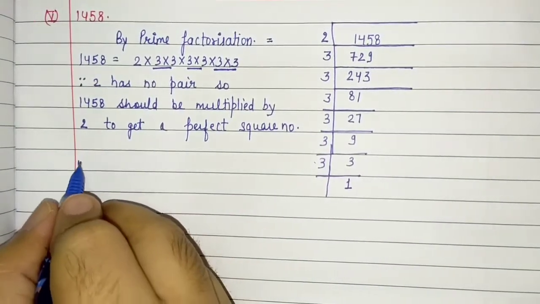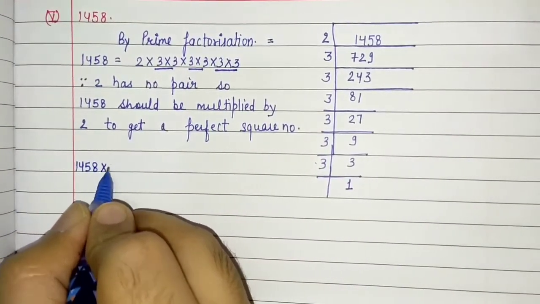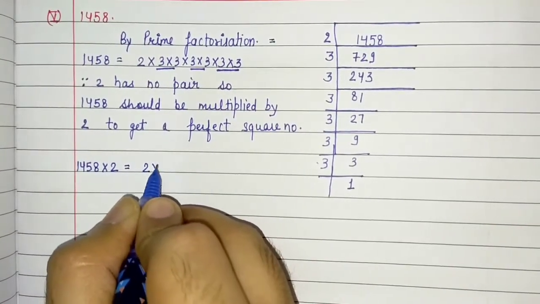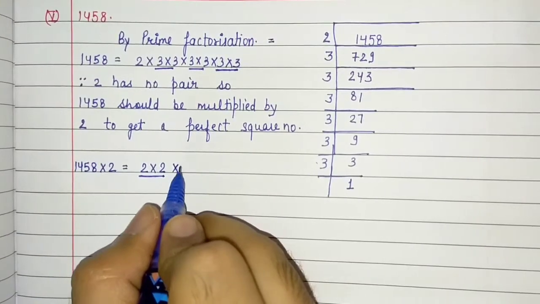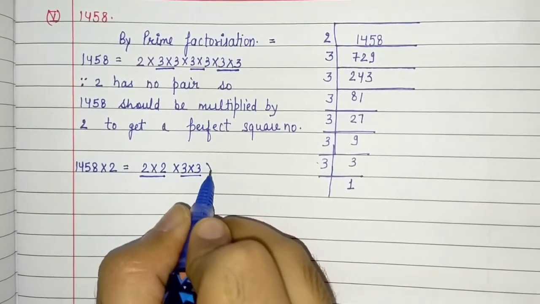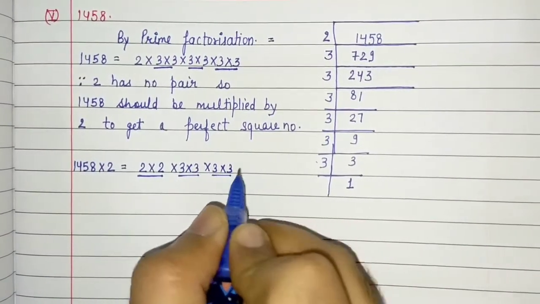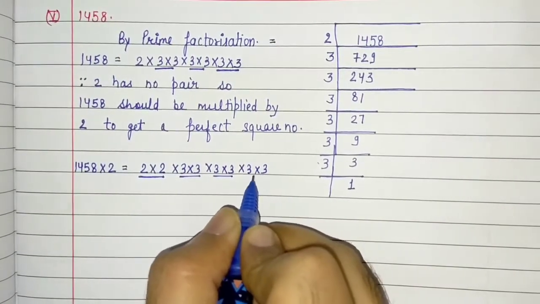So multiply both sides with 2. Now I am writing the 2 here. One 2 is already there, so one we have multiplied, so this 2 has the pair. Again these 3s have the pair. All the 3s have the pair.